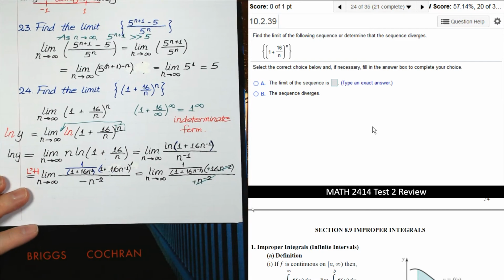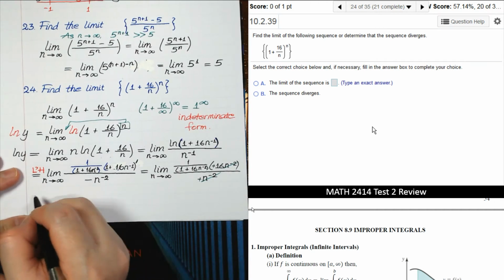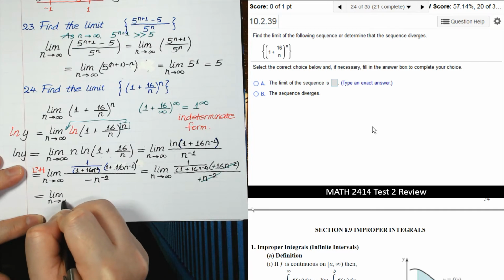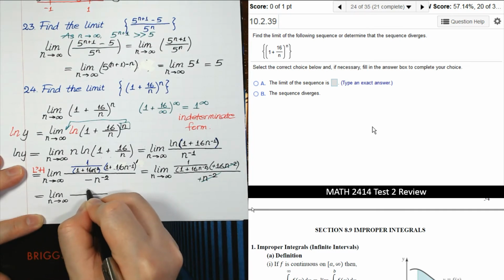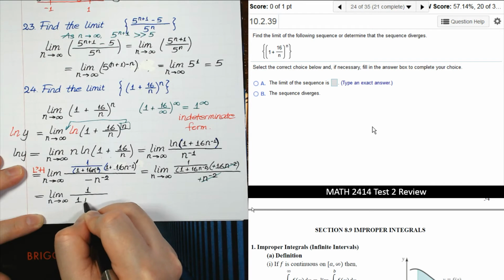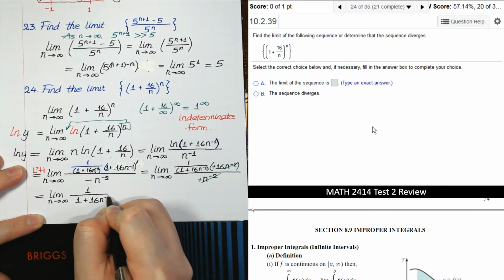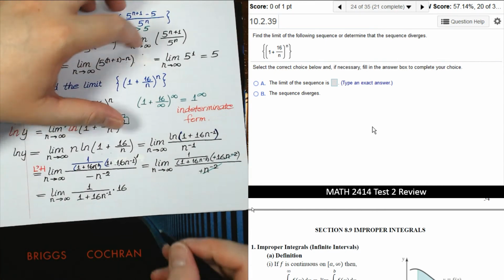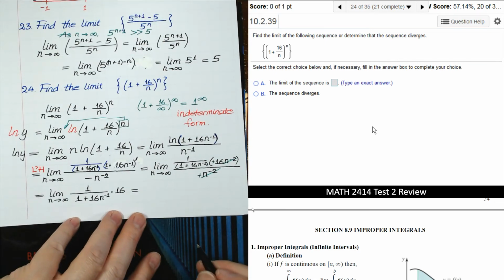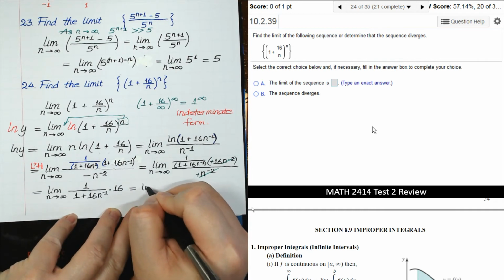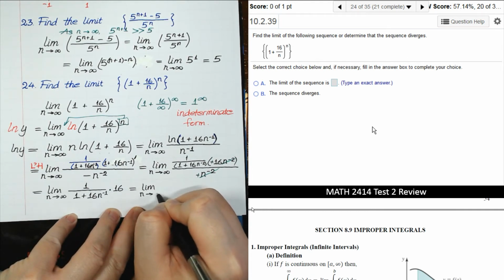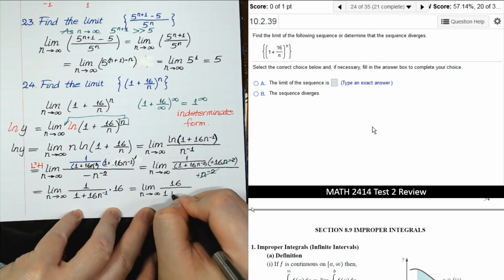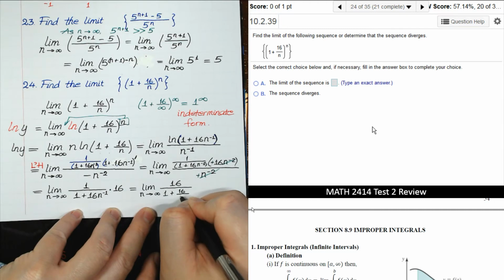even the negative sign. So when we put things together, it will be equal to the limit when n goes to infinity. We have 1 on the top, 1 plus 16 n to the -1 at the bottom. Also on the top, 16. So we have the limit as n goes to infinity, 16 on the top, let's write this as n at the bottom.